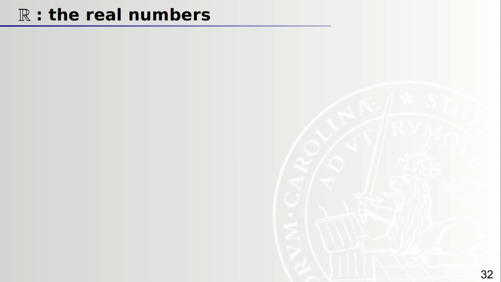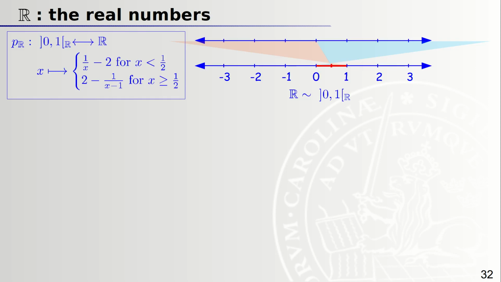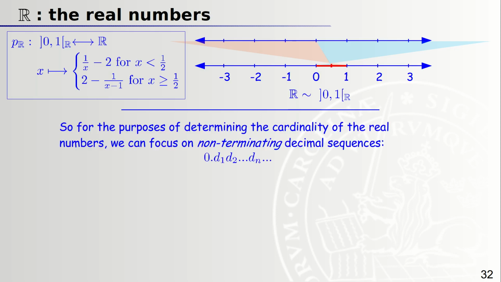Let's quickly talk about the real numbers to wrap up our discussion of sets of numbers. It shares with the rational numbers that it is dense and that every non-empty open interval of real numbers is equinumerous to the entire set R. This allows us to determine the cardinality of R by looking only at, for example, the real numbers from 0 to 1, in the form of strings of decimal digits.